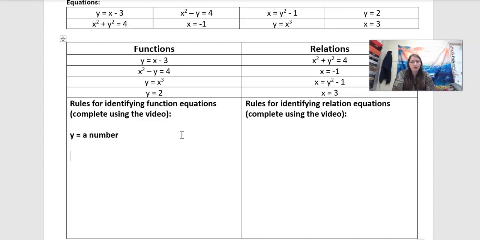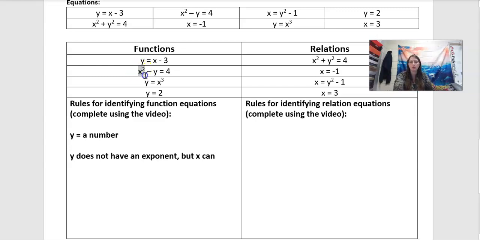Okay. The other thing that you may have noticed is you notice how y does not have an exponent at any point. But if you notice, the x can. Okay. So the y is always just a y if there's a y, which there should be. But the x can have x squared.